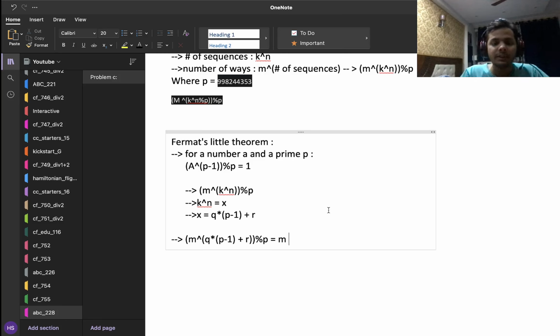So this can also be written as m raised to the power q, raised to the power p minus 1, multiplied by m raised to the power r, and taking the whole thing modulo p. Okay.